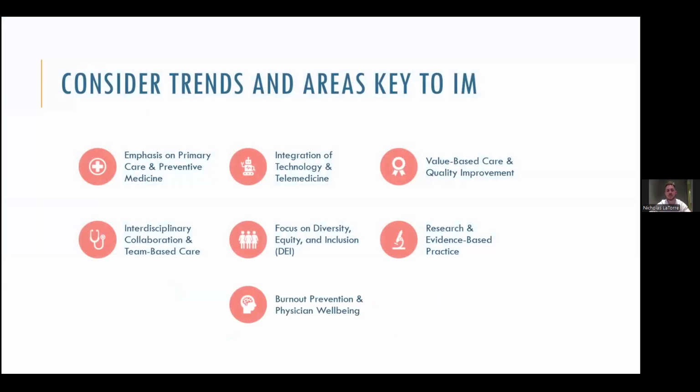So I start with looking at what the trends and key areas are for internal medicine right now, or consistently and ongoing, to where you want to develop your CV. So you're starting intentionally with, well, what will the residency program find significant or relevant to the specialty, and where do I want to drive my CV to go.